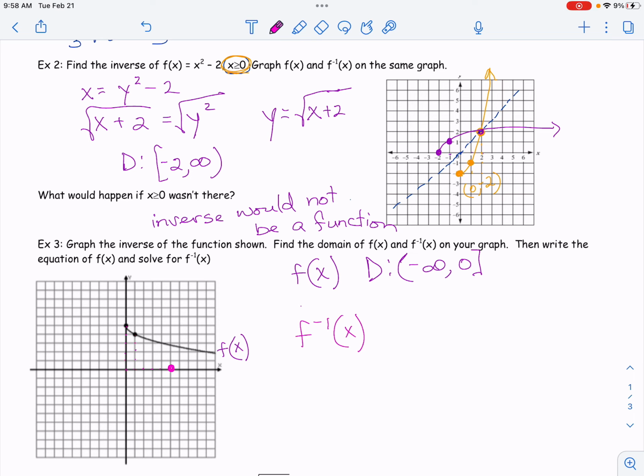And it is going to be going that way. So it is reflected over f of x.